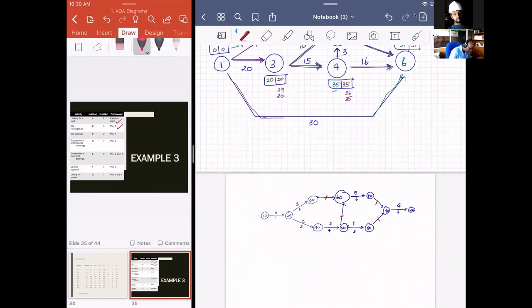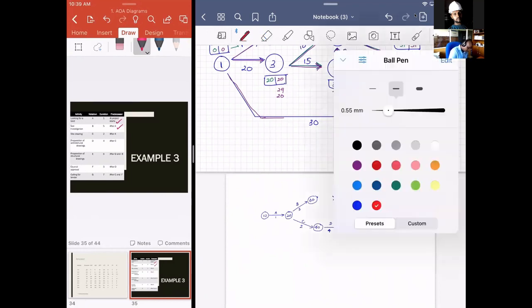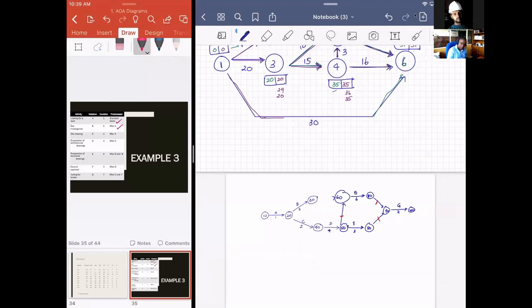We draw dotted arrows for those, not continuous arrows, dotted arrows. Remember, you can solve in whatever form and get the answers, but I'm discussing a theory here. So this has to be in dotted lines. We call these dummy activities.